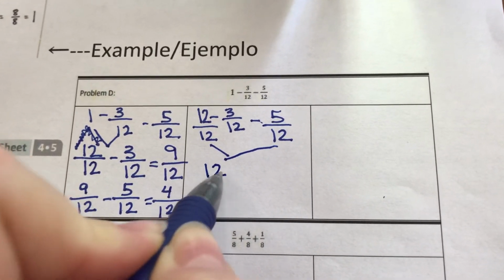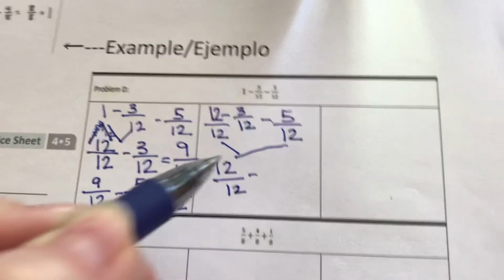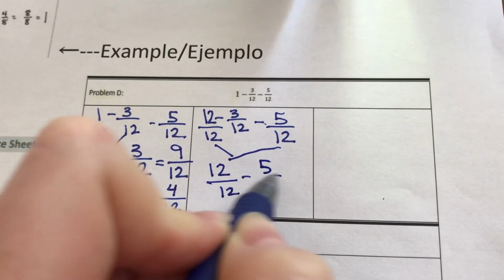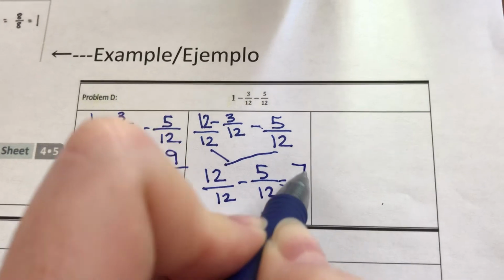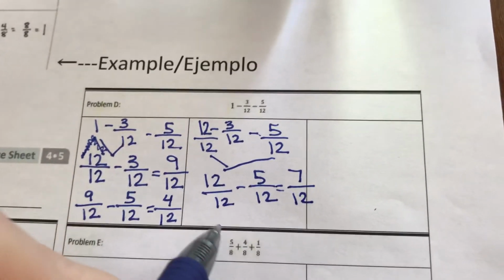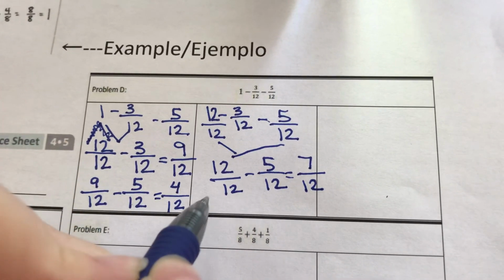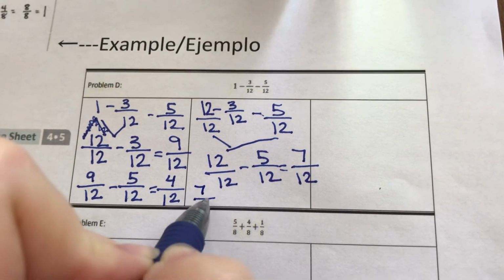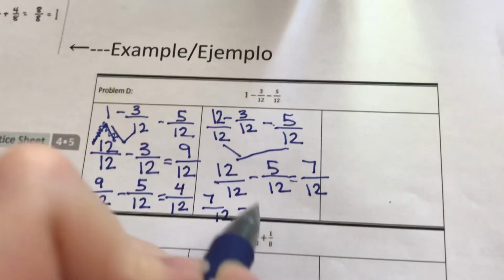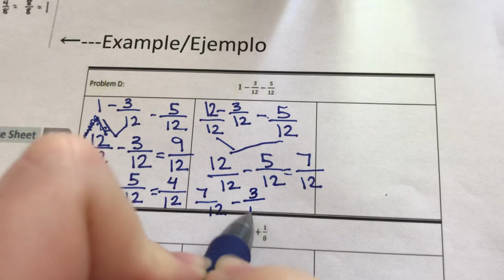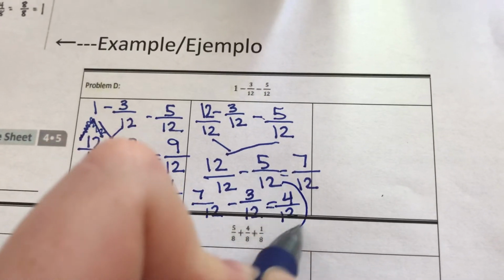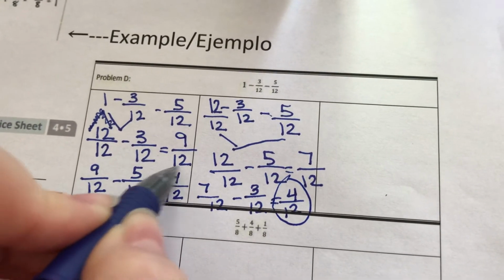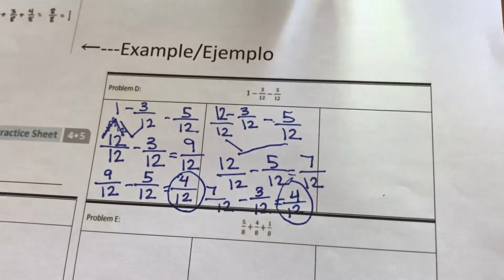So 12/12 minus 5/12 equals 7/12, right? And then I still have to get this little guy. So 7/12 minus 3/12 equals 4/12. So this is good. So I'm coming up with the same answer, which is a good way to double check your work.